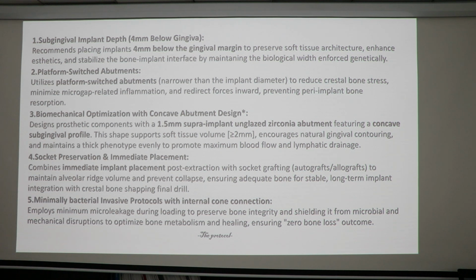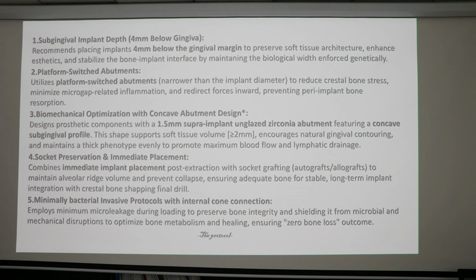Recommends placing implants 4 mm below the gingival margin to preserve soft tissue architecture, enhance aesthetics, and stabilize the bone-implant interface by maintaining the biological width enforced genetically. Platform switched abutments. Utilizes platform switched abutments narrower than the implant diameter to reduce crestal bone stress, minimize microgap related inflammation, and redirect forces inward, preventing peri-implant bone resorption.